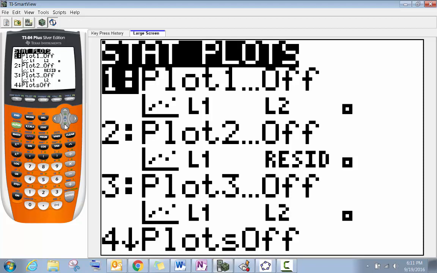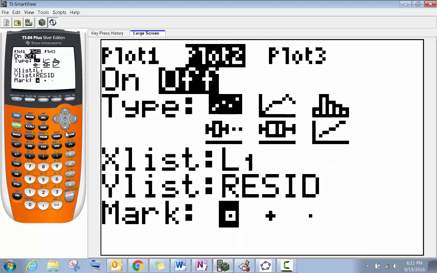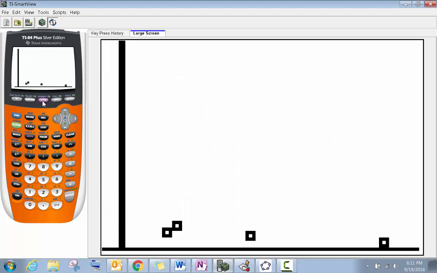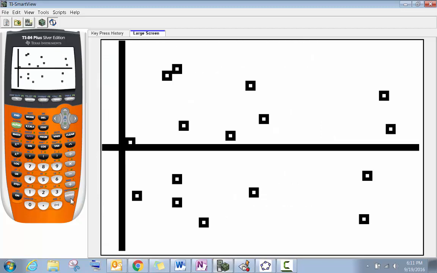And then go to our second, turn it on, and we'll just do a scatter plot where our X list is L1, so our X values, and our Y list is actually the residuals, not our Y values. Then when we graph it, zoom, stat, and we can see a residual plot. There's no pattern. That's what we want.